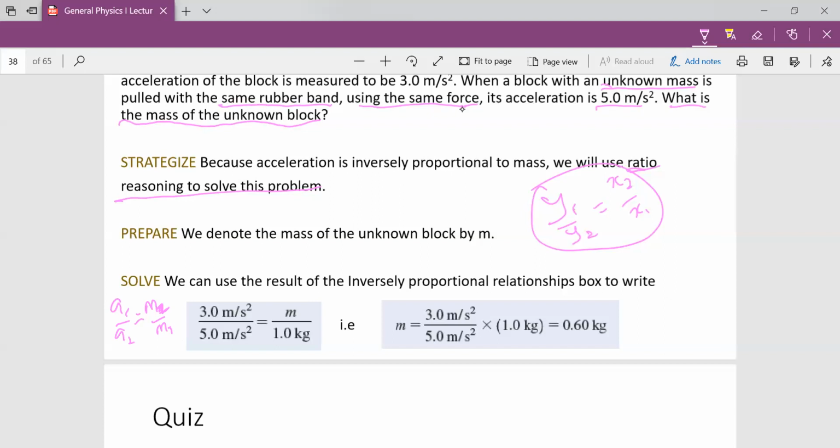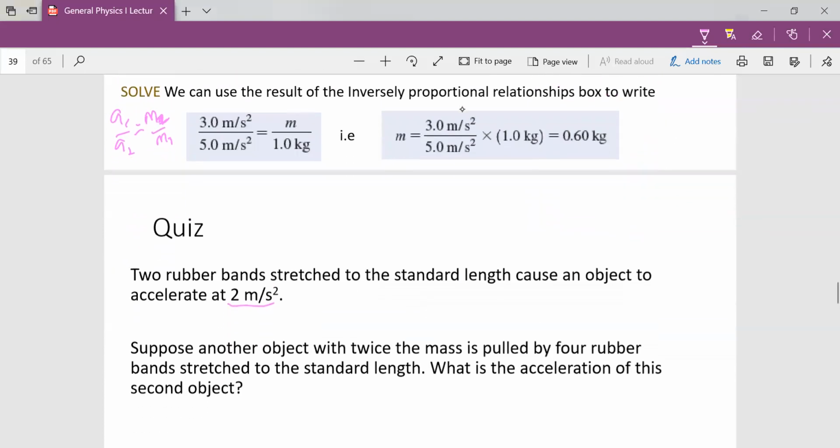So if the mass of an object is reduced, we expect the acceleration to do what? Increase. An increase in one will lead to a reduction in the other. If you increase the mass, acceleration reduces. So this agrees perfectly well with the conclusion from the experiment.